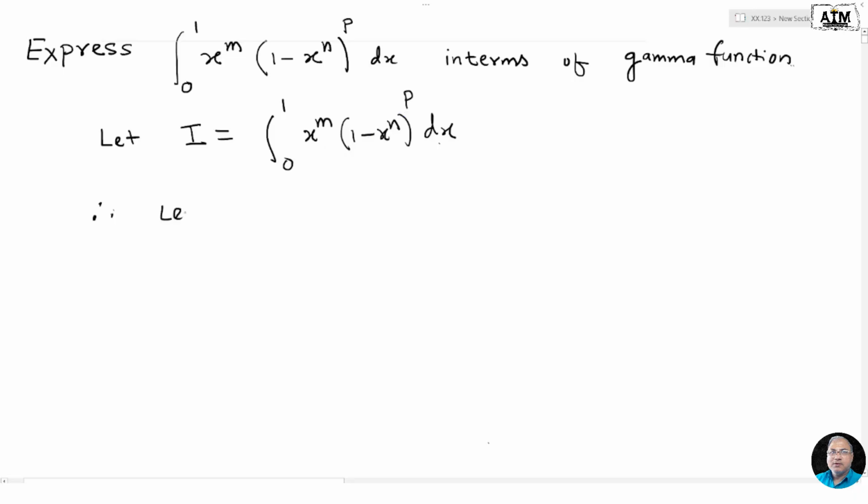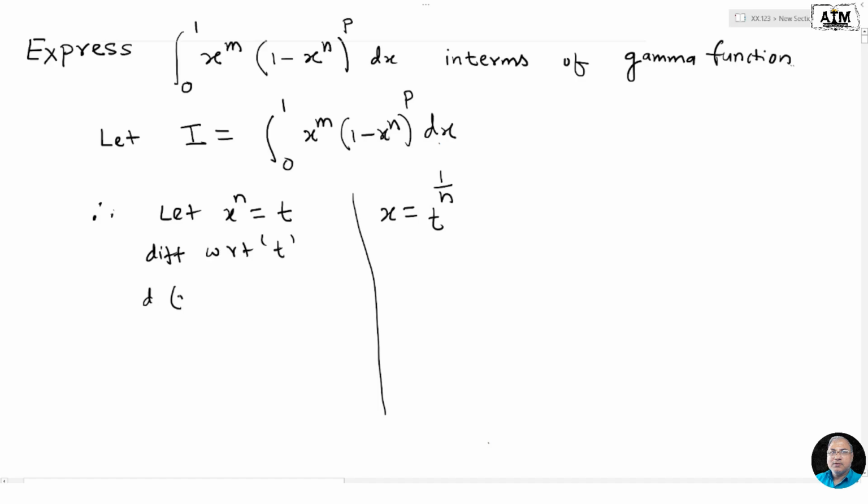Therefore let x raised to n equal t. First we will use x raised to n equals t, and later on x is replaced by t raised to 1 upon n. Now x raised to n equals t, we differentiate with respect to t. So differentiation of x raised to n with respect to t equals differentiation of t with respect to t.